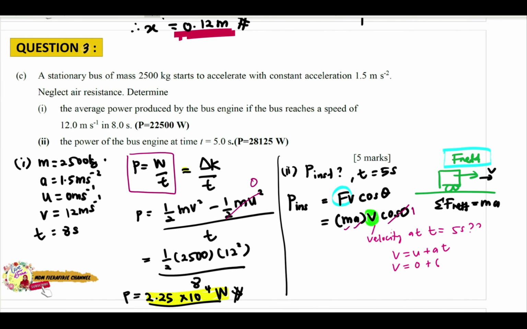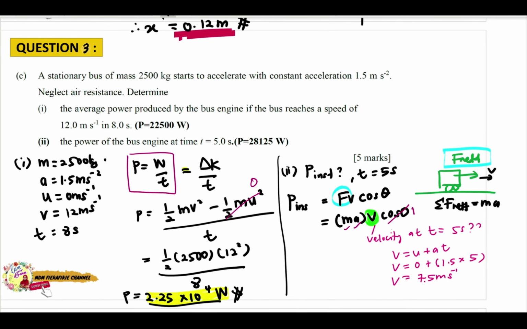So, A awak tadi dia dah bagi 1.5. Alright? And T, so T we times 5 second. Betul tak? Okay, 5 second. So, dekat sini saya dapat V saya adalah, cuba kira lah, 1.5 times 5. 7.5. Okay, 7.5 meter per second.